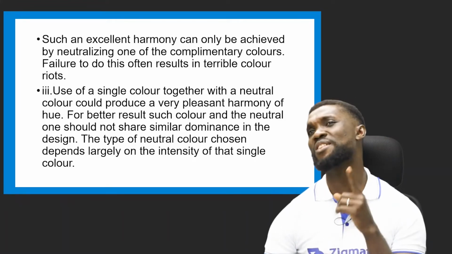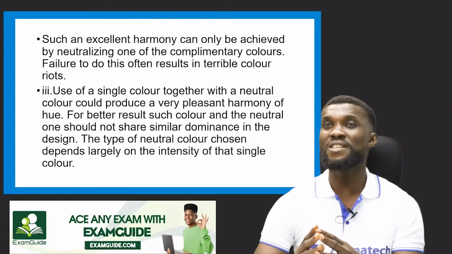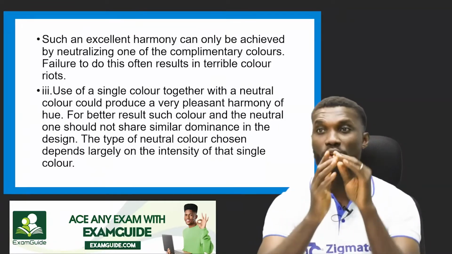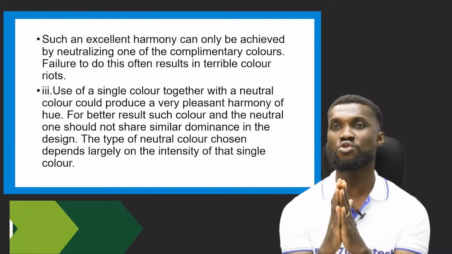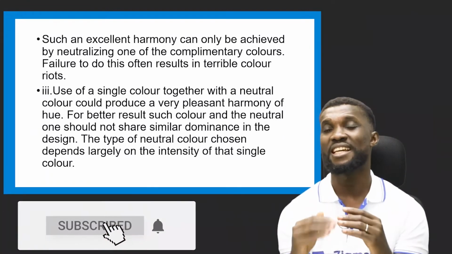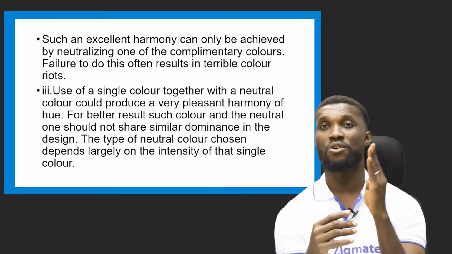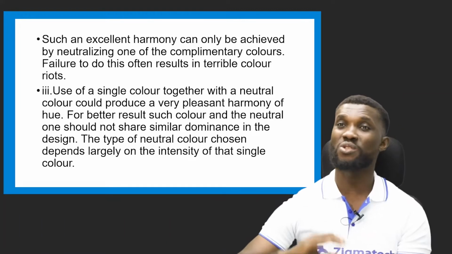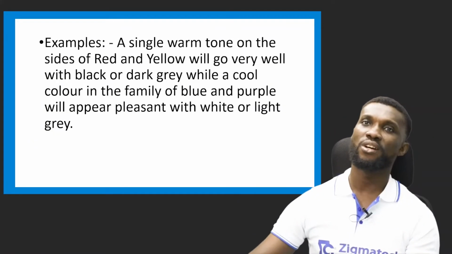Now, using a single color together with a neutral color could produce a very pleasant harmonious color. For better results, the color and the neutral color should not share similar dominance in the design. Always put that at the back of your mind. Either the neutral color should stand out, or the complementary color should stand out. So one must take prominence in your design.